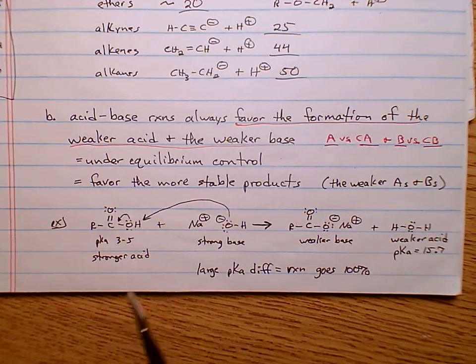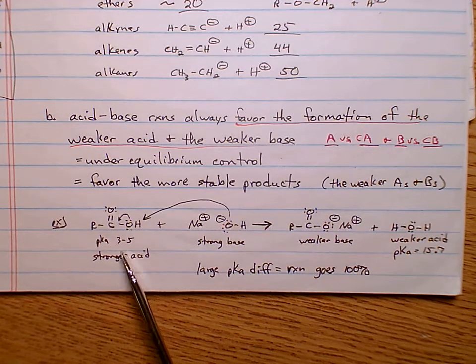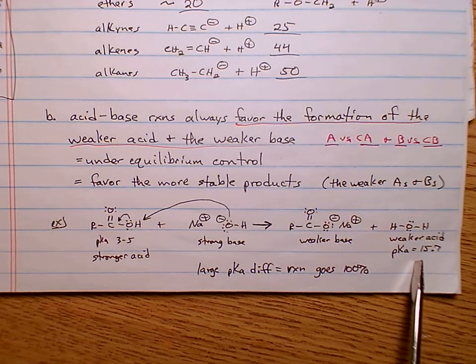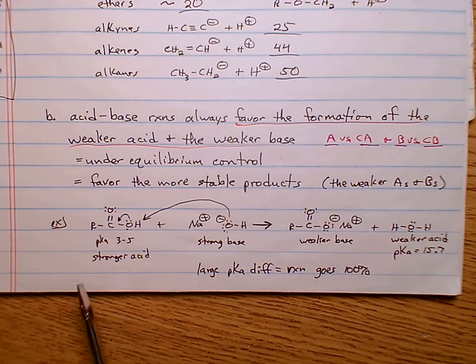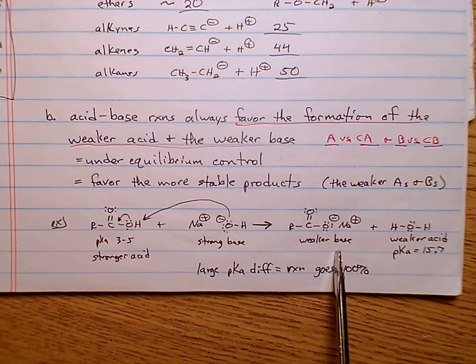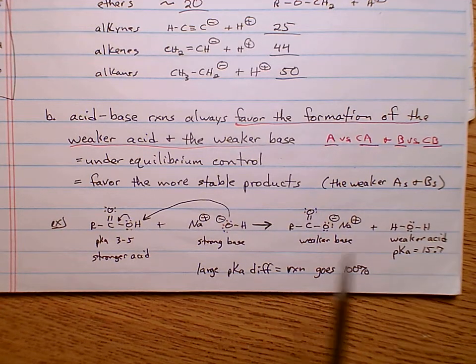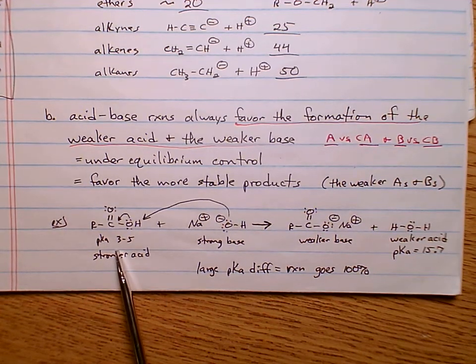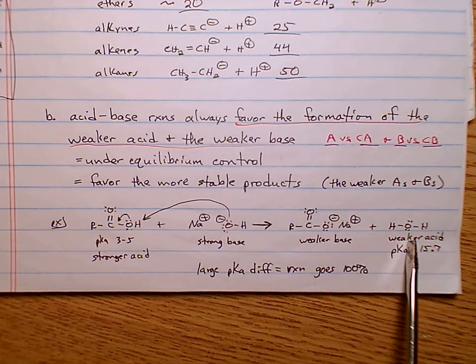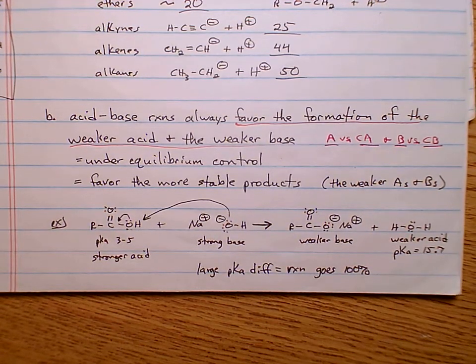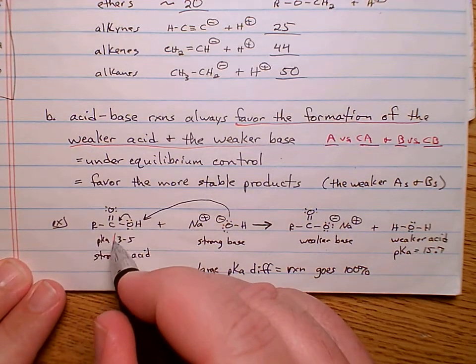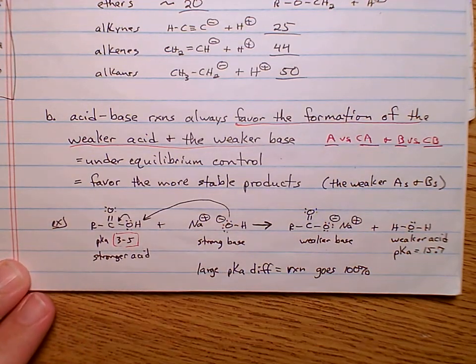Well, let's check that out. Here is our acid, pKa of 3 to 5. Which is the conjugate acid? Well, recall, the acid turns into the conjugate base, the base turns into the conjugate acid. Therefore, here's our acid, here is the conjugate acid. Let's look at the pKa's here. The pKa of carboxylic acids is about 3 to 5.